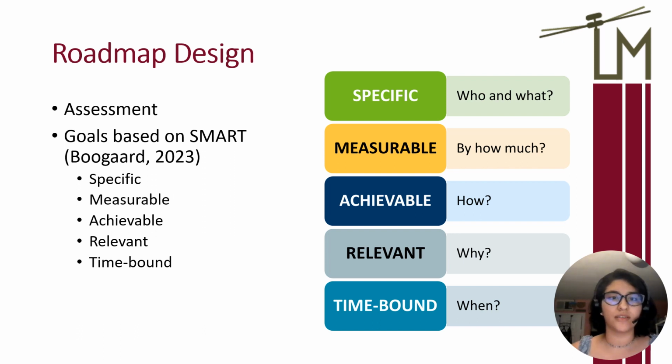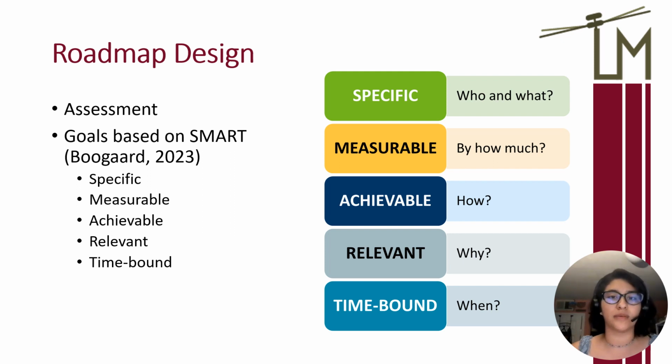To do this, IT experts use a roadmap design to plan out the goals and objectives around security. Usually, a roadmap design contains an assessment of the environment to identify the environment's current security strengths and weaknesses or vulnerabilities.